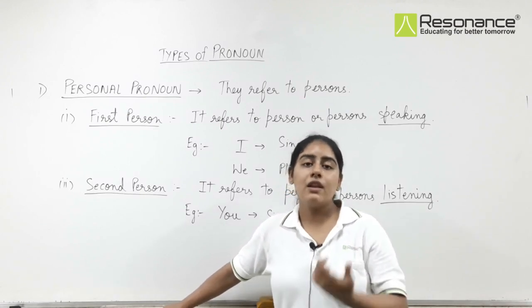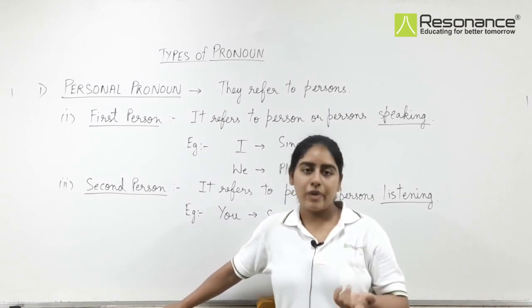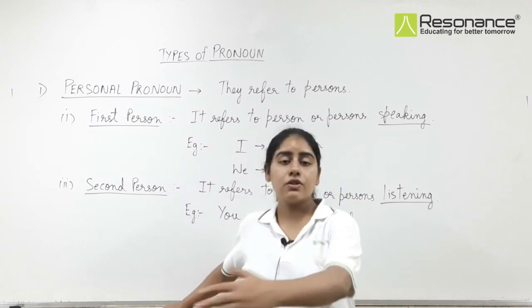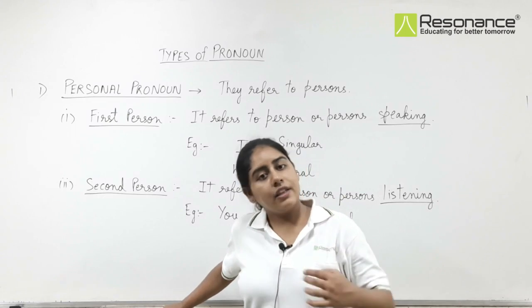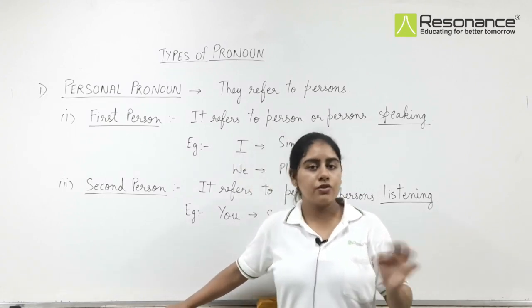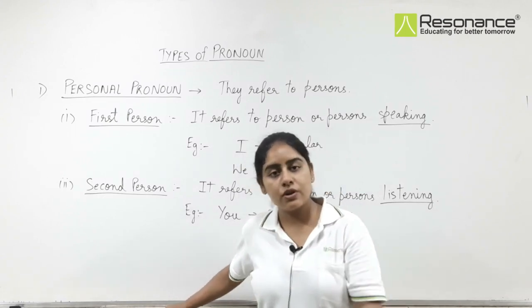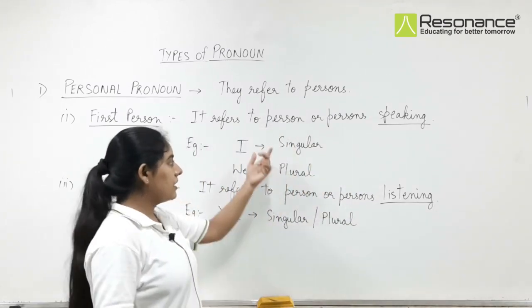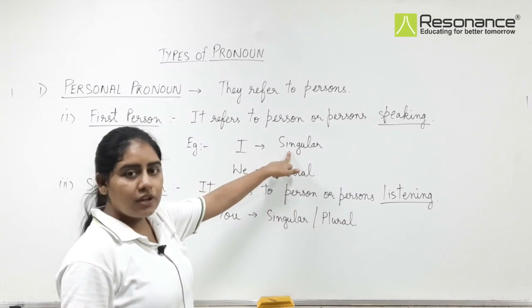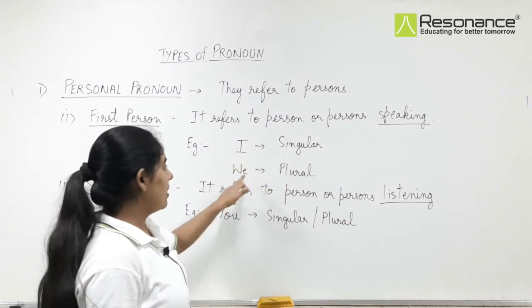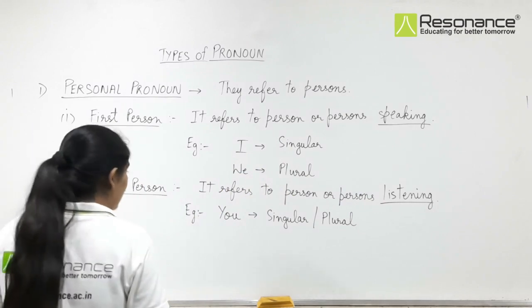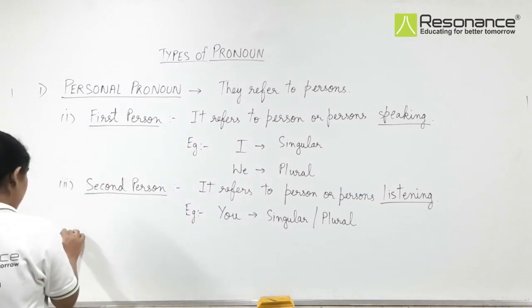You all will answer my questions one by one. I again used you, though I was talking to all of you. So you remains you in both cases. But in case of first person, for singular I use I, and for plural we have to use we. Now the last category of personal pronoun is third person.